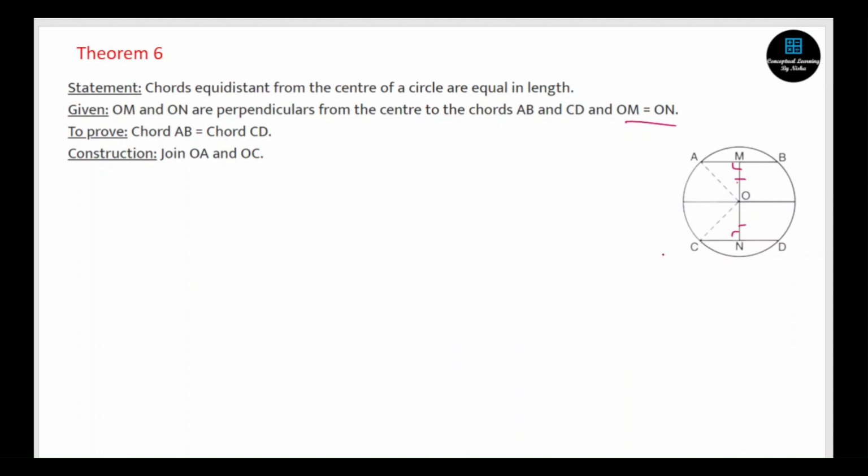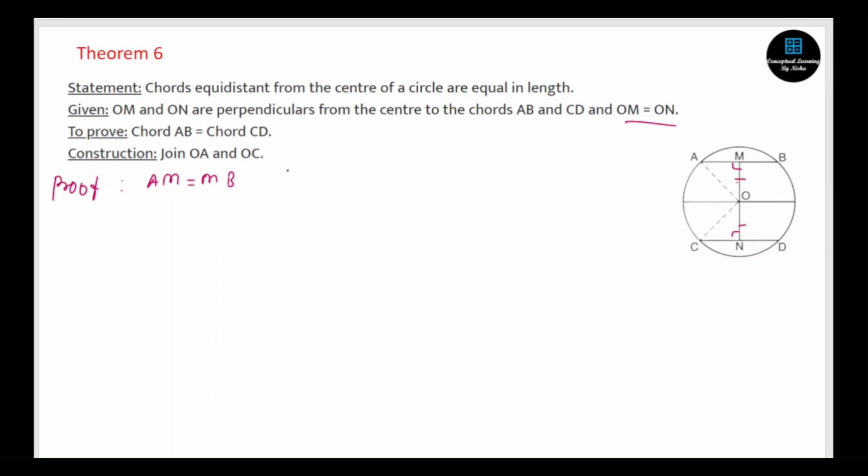Again, very easy. So, first of all we can conclude in the proof that AM is equal to MB. Here I cannot write it equal to CN and CD, because we have to prove it.